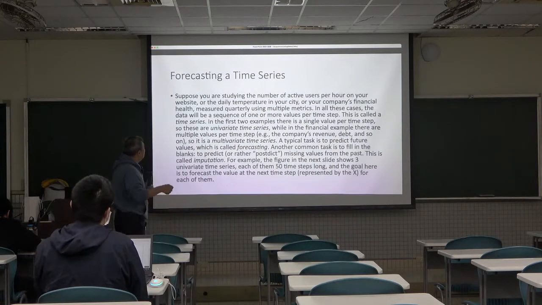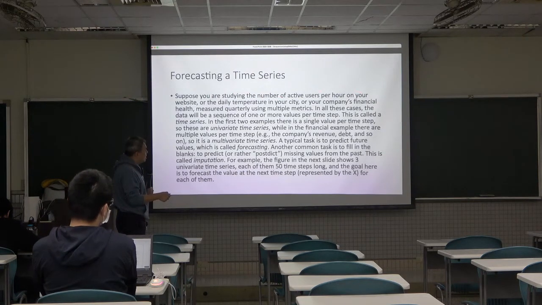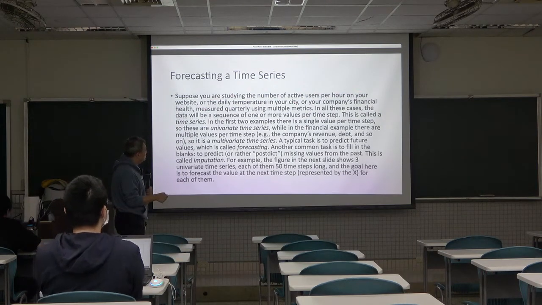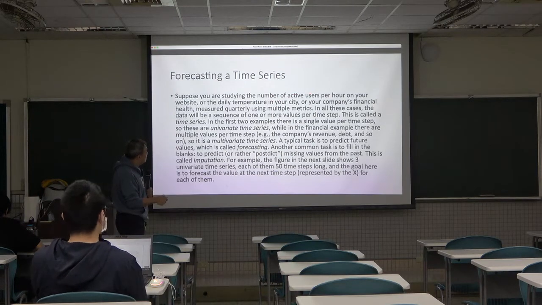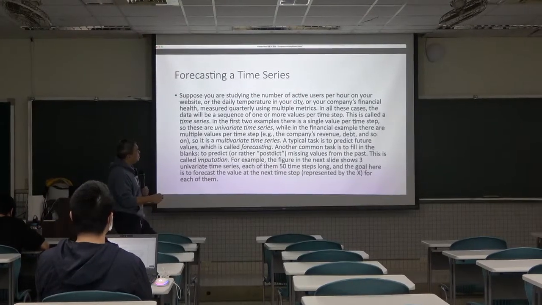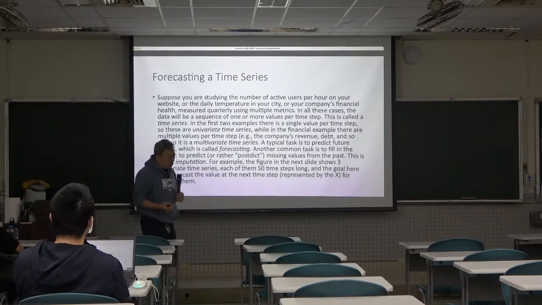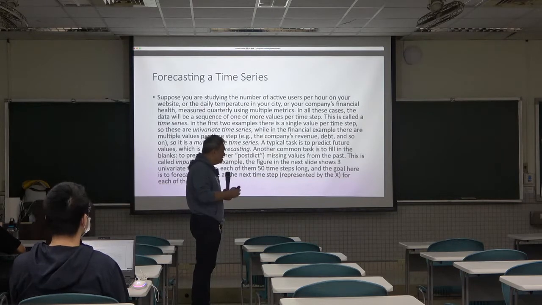Suppose you are studying the number of active users per hour on your website, or daily temperature in your city. These two problems, you pretty much have only one number per time step.